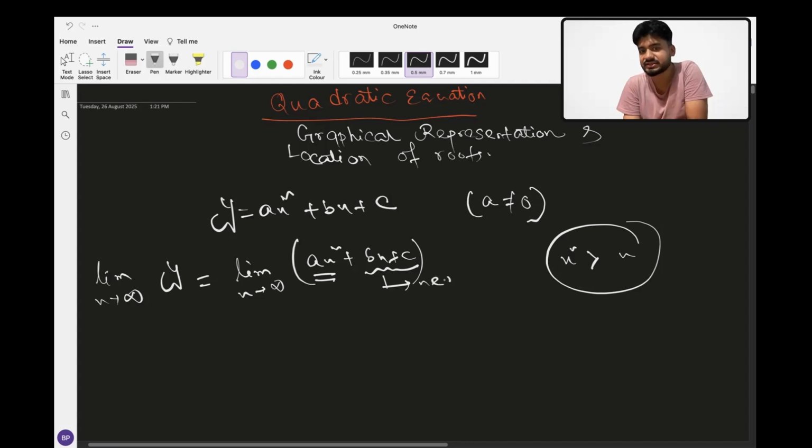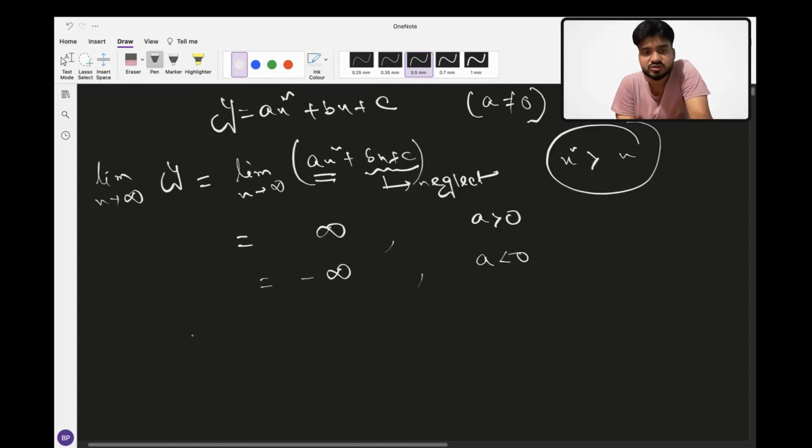We can neglect. Yes or no? So this term will define the value of this. Now, it's x square, so infinity square will be infinity, and if a is positive, the whole expression will be positive and it will go to infinity. And if a is negative, the whole expression will be negative and it will be minus infinity.